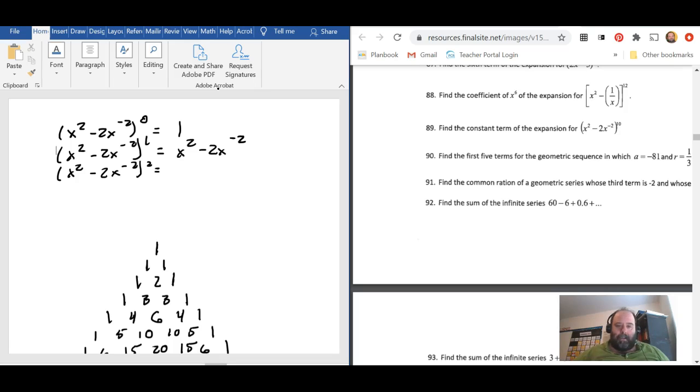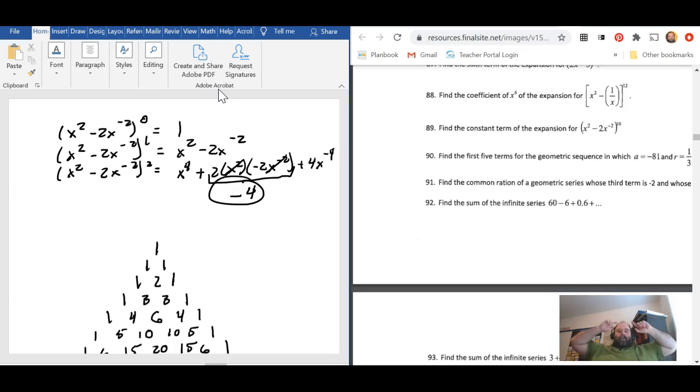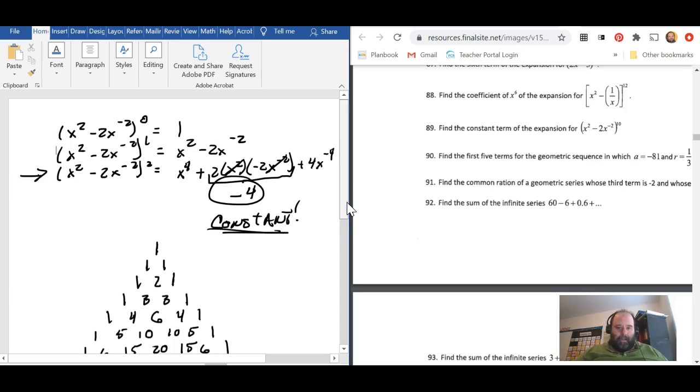To the second, I'm going to get x to the 4th, plus 2 times x squared times negative 2 times x to the negative 2, plus 4x to the negative 4. And watch that, because that and that cancel and make that negative 4. So the middle term of the even number expansions is always going to become a constant. Woohoo!